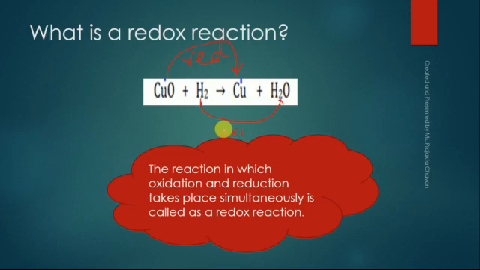Both the reactions are taking place together simultaneously in one equation, and such reactions are called redox reactions. So this is an example of a redox reaction in which copper oxide is getting reduced to copper and hydrogen is getting oxidized to water.